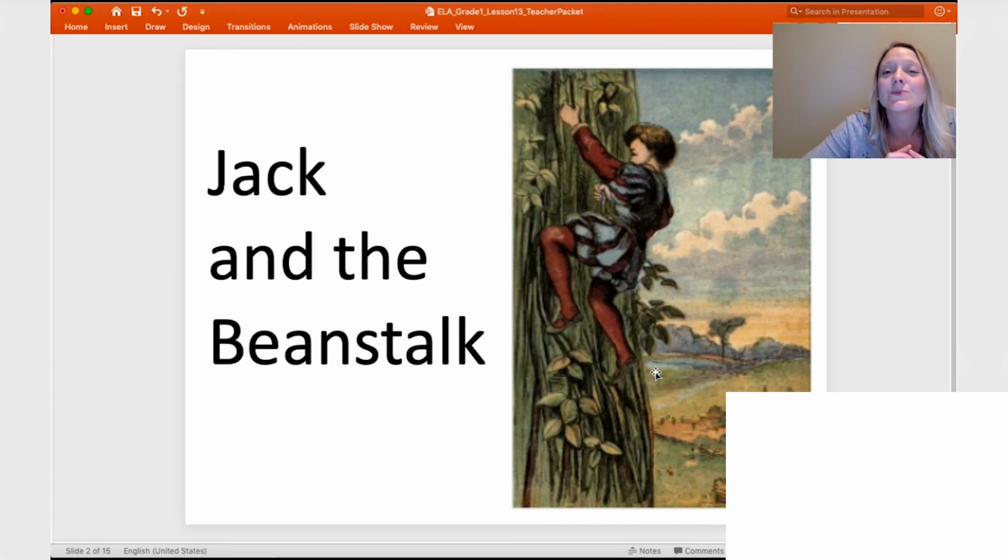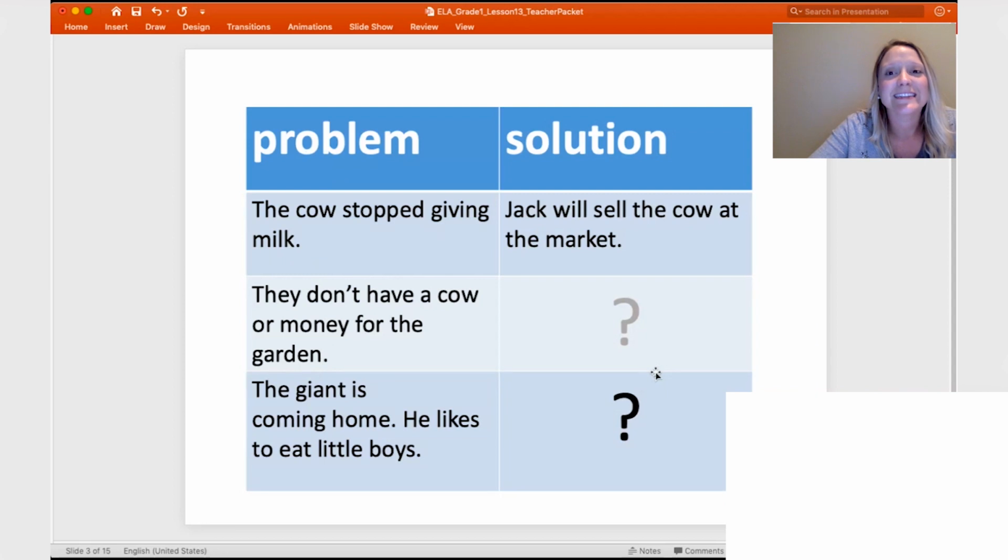We remember that a fairy tale is a make-believe story that's been told for hundreds and hundreds of years, over and over again. And fairy tales also have characters, which can be either people or animals.